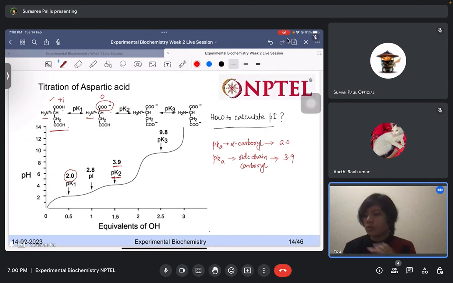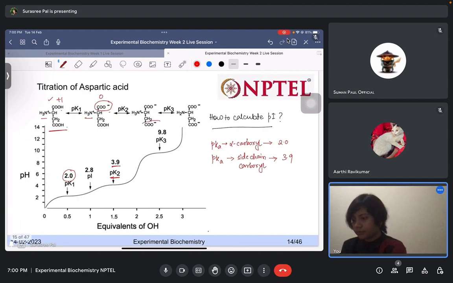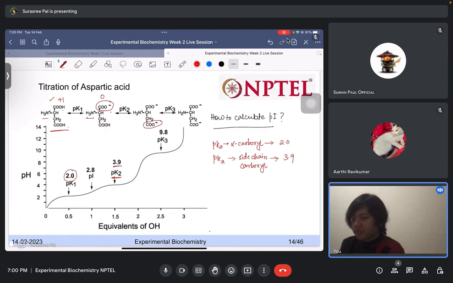This side chain carboxyl group also loses its proton, right? Here it was protonated at pH 2, for example, or pH 3. But when it reaches pH 4, the pK of the side chain carboxyl is 3.9, so at pH 4 or greater it loses its proton. So now you have a side chain carboxyl which is COO minus, the alpha carboxyl also COO minus, and the NH3 group exists as NH3 plus. So now what is the net charge?